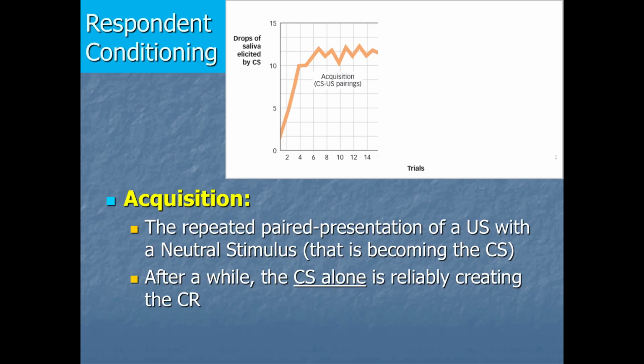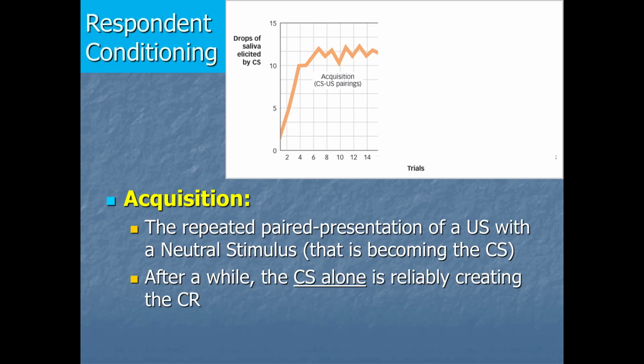So by the second trial, you can see there's already a little bit of salivating to just the sound without the meat, right? And you can see that the learning happens pretty quick. So this graph goes up pretty fast. In this case, it looks like it only took around 4 to 6 trials to start getting 10 plus drops of saliva out of the sound itself on tests where there was no meat coming with it.